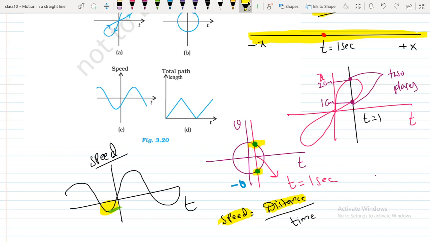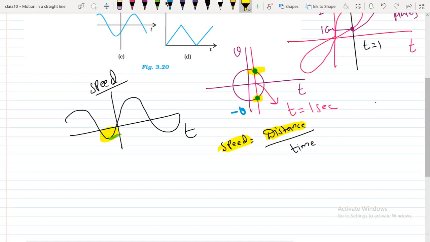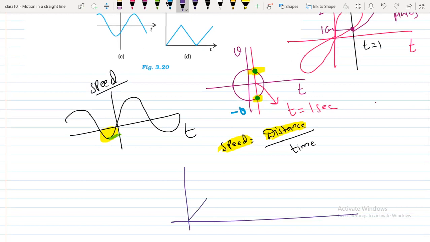Coming to the last, let us check whether it will represent it or not. The graph indicates total path length versus time, and if you look closely, the total path length increases and then decreases after a certain time. When it comes to this point, this is contradictory. Suppose this is the time axis, the total path length is decreasing.